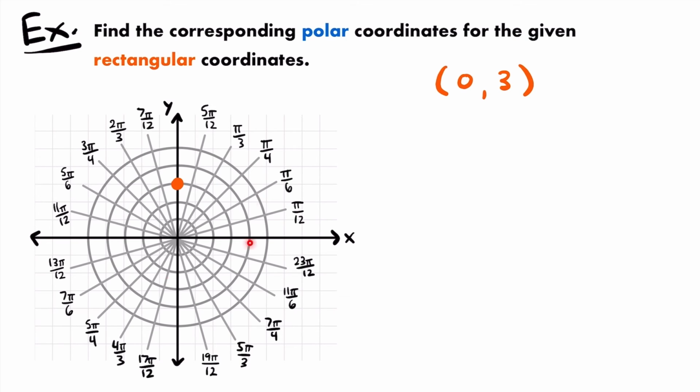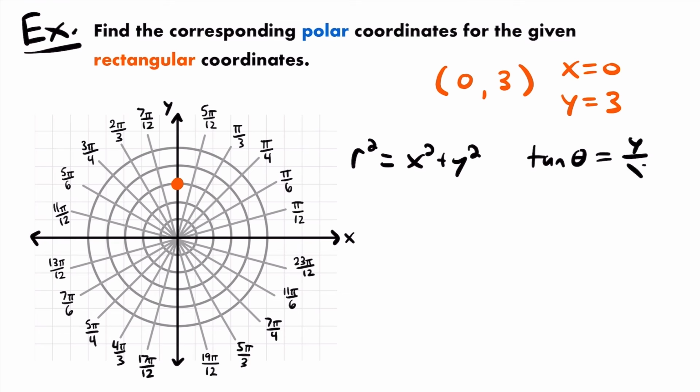Okay, so now that we plotted our point, let's work on converting these coordinates to be polar coordinates. In this case, x is equal to 0 and y is equal to 3. And so we're going to use those values in those two equations that we can use to convert from rectangular to polar. And those equations look like this. R squared is equal to x squared plus y squared, and tangent theta is equal to y divided by x.